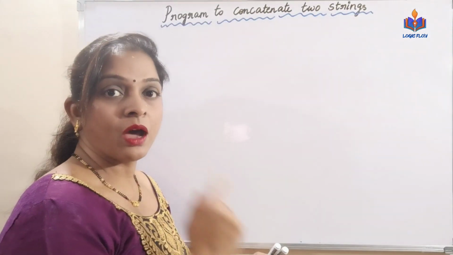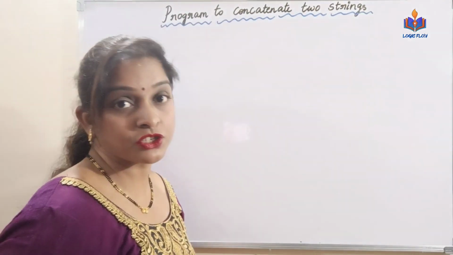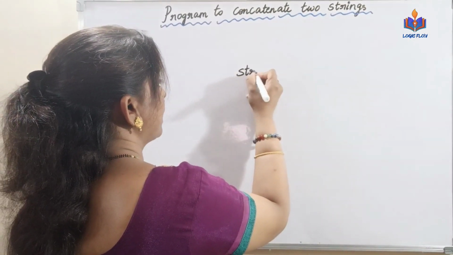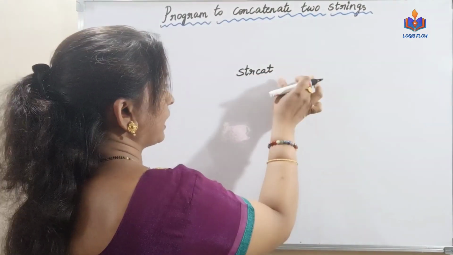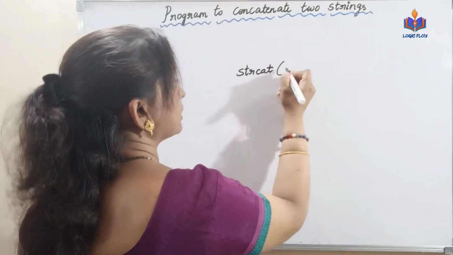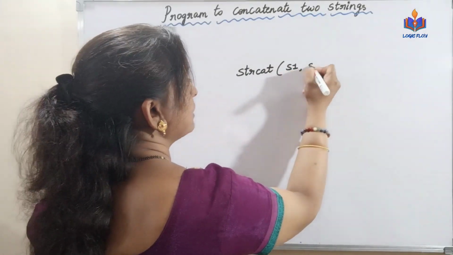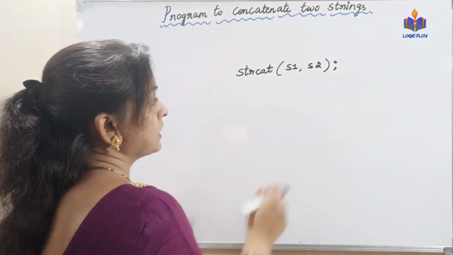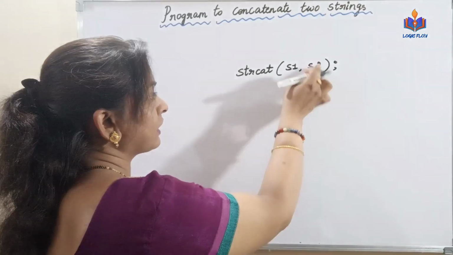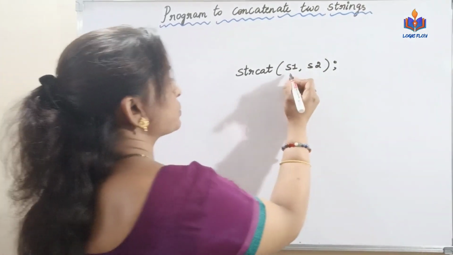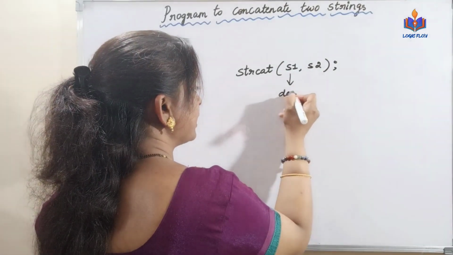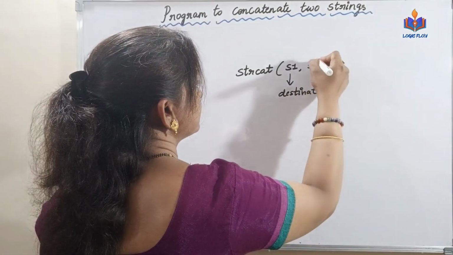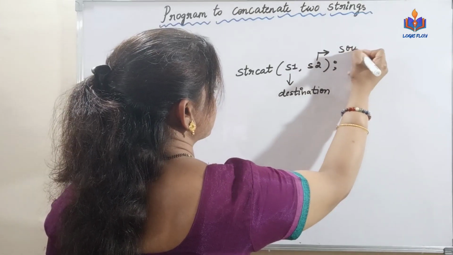Let us see how this string concatenation function is going to work first. The function name is strcat, and here it takes two arguments, string 1 and string 2. So here what happens? The string 2 will be concatenated with string 1. So this is the destination string, and this is the source.